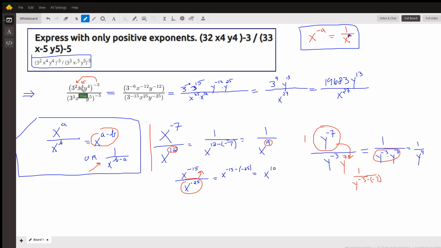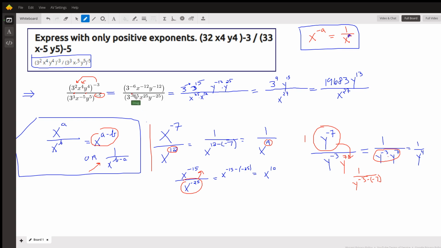So 3 squared becomes 3 to the minus 6. Y to the 4th, x to the 4th becomes x to the minus 12. And we get y to the minus 12. Same thing down here. Multiply this negative 5 times every exponent inside the parentheses. 3 to the minus 15, x to the 25, y to the minus 25.